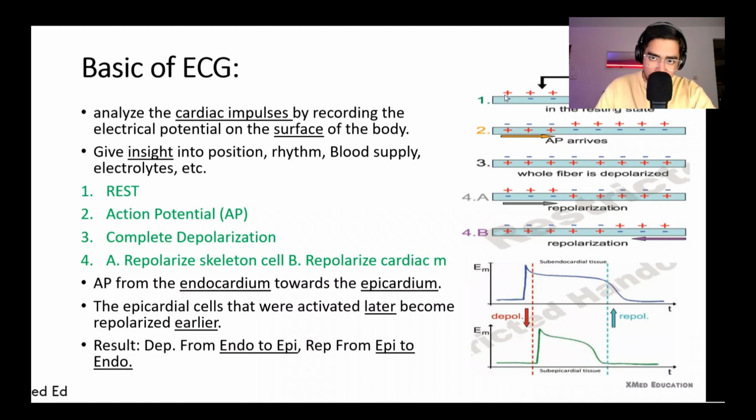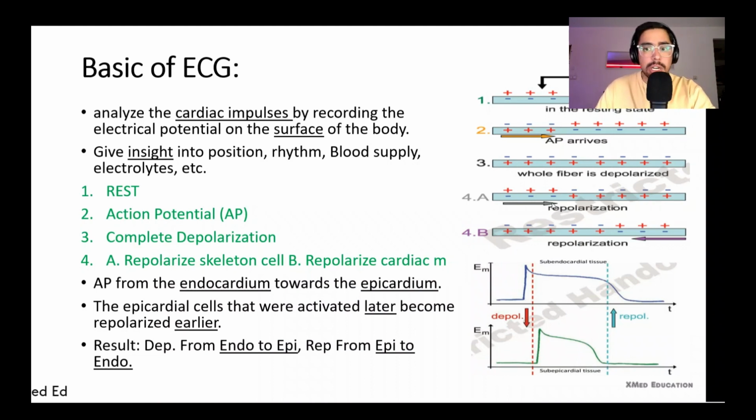These positive ions which are outside the cell go inside and they start depolarizing the cell, and they go cell by cell to pass this depolarization and make a contraction inside the heart. So they go cell by cell like this pattern, and in the end all the fibers will be depolarized, and they make a vector that I'm gonna explain to you in future slides.